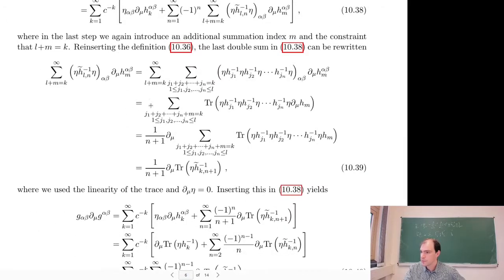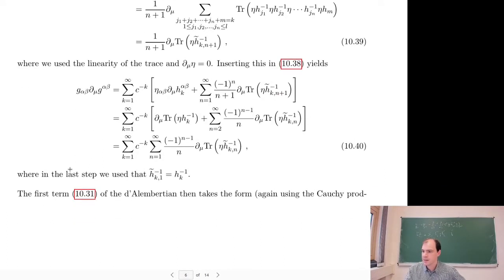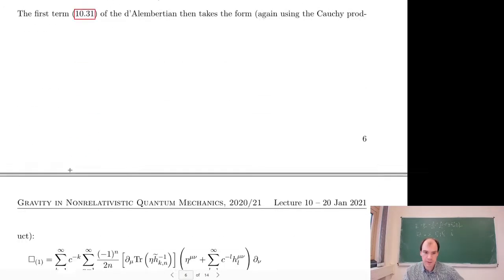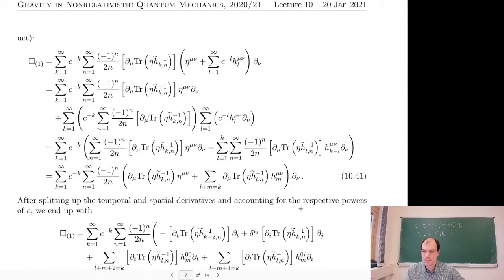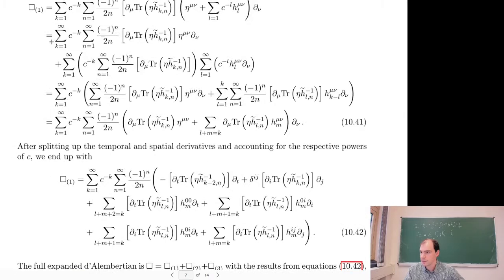And we can go through this calculation. So you do a lot of algebra in the end, and end up with an expression here in equation 1041. You end up with this final expression for this operator box 1.